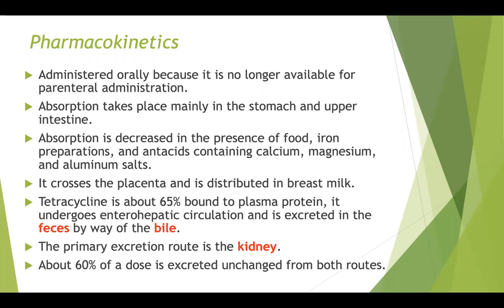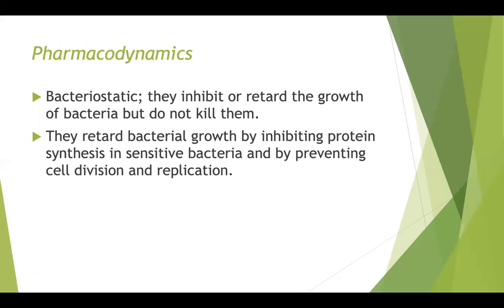It also crosses the placenta and is distributed in breast milk. Tetracycline is about 65% plasma protein bound. It undergoes enterohepatic circulation and is excreted in the feces by way of the bile. So again, almost the same pharmacokinetics as the medications that we have been discussing today. They are also excreted in the kidney, and about 60% of the dose is excreted unchanged from both routes.